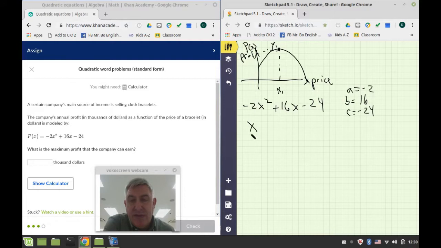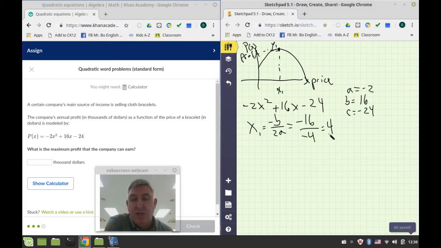And what is that? So x1 is equal to negative b over 2a. And if you forget that, you can go back and look at the quadratic formula and figure it from there. So that is negative 16 divided by negative 4, which is 4.